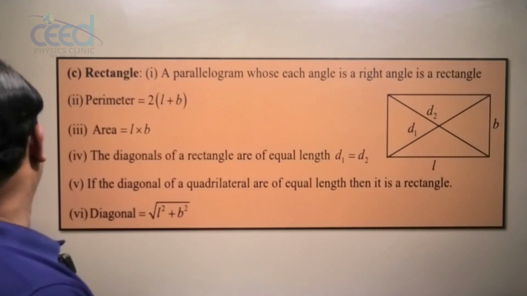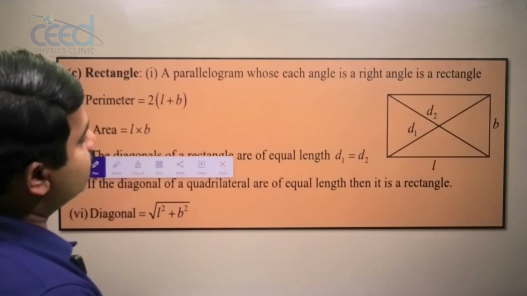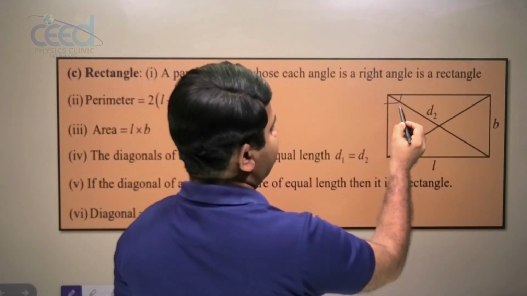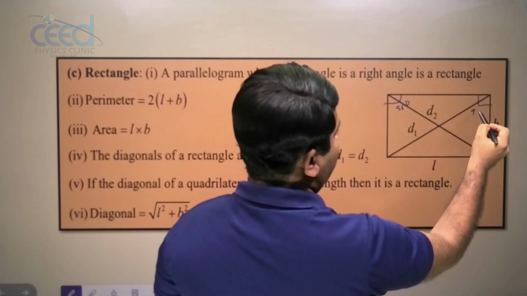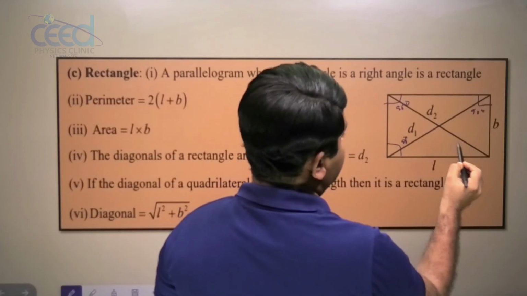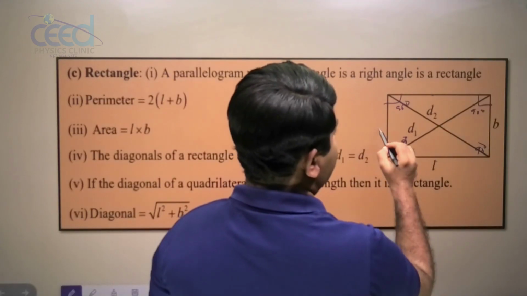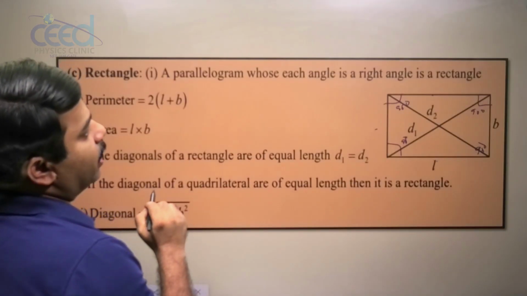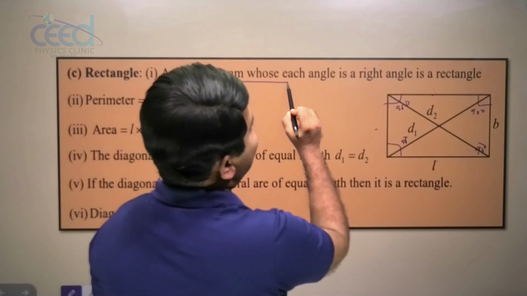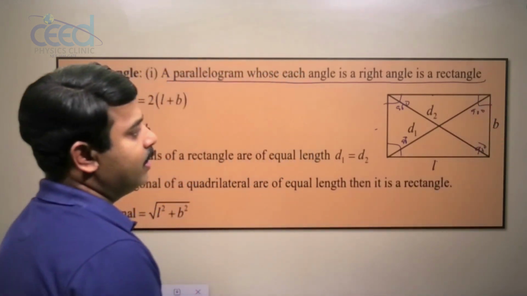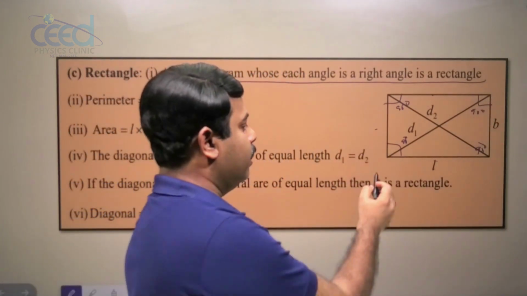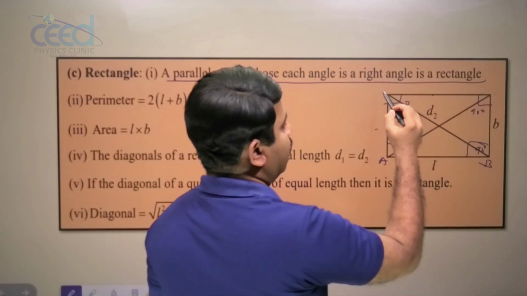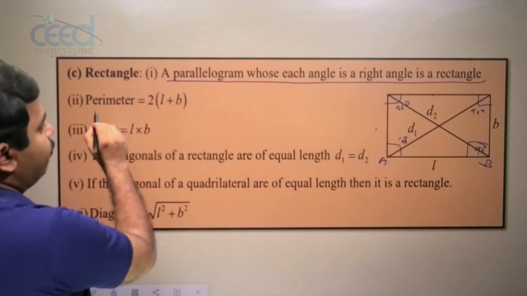Now the rectangle. What is a rectangle? A rectangle means all the corner angles are 90 degrees, and moreover opposite sides are equal. A parallelogram whose each angle is a right angle is a rectangle. Angle A is 90 degrees, angle B, angle C, angle D, everything is 90 degrees.